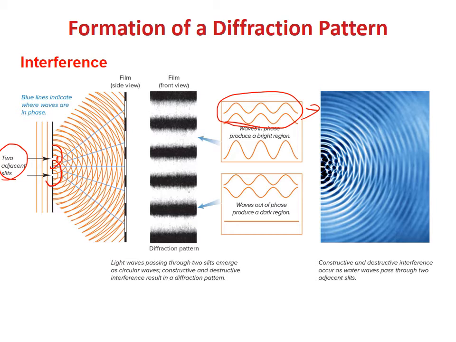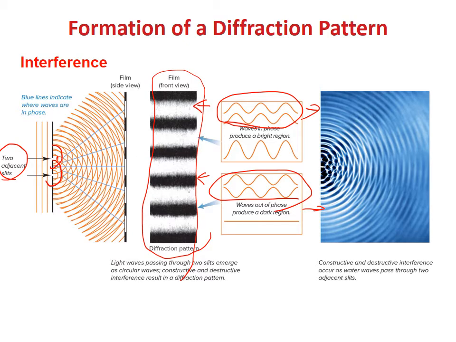For a light wave, it forms a brighter region. If crests coincide with troughs, which is out of phase, they interfere destructively. The amplitudes cancel. For a water wave, it forms the lowest point. For a light wave, it forms a darker region. This diffraction pattern clearly shows light is a wave.